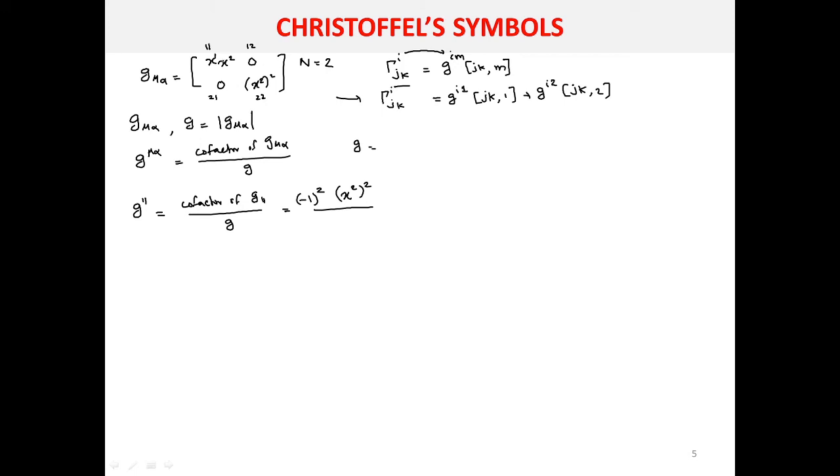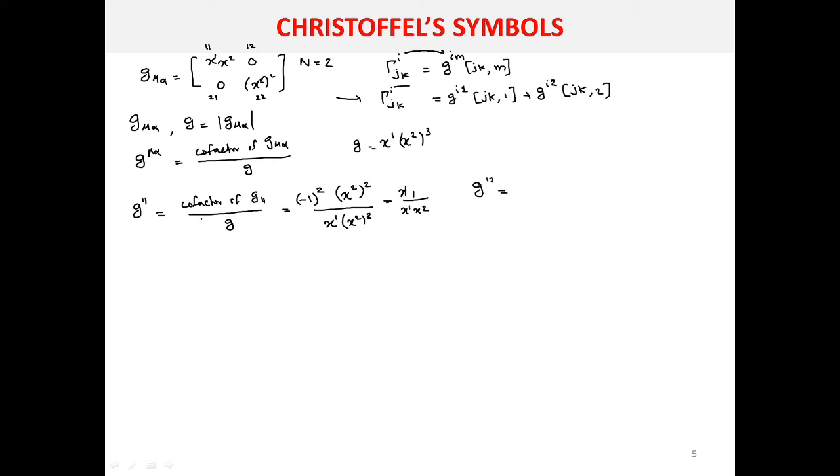The determinant value, the cross product, is x1 x2 the whole cube. Okay, so you have to divide it by x1 x2 cubed. So you will get x1 by x1 x2. So this is the value of g^11.